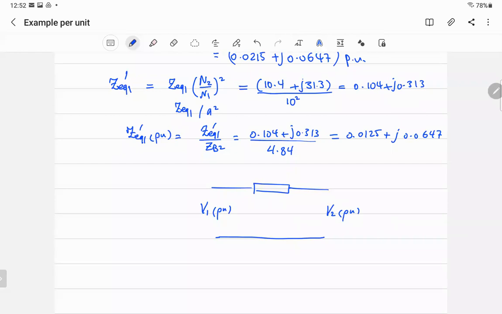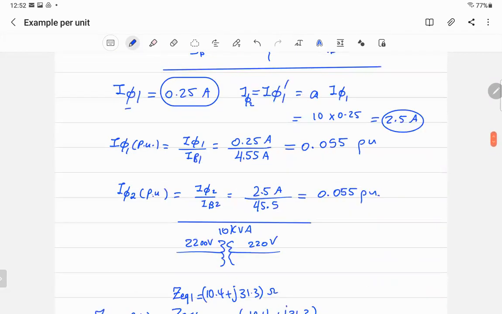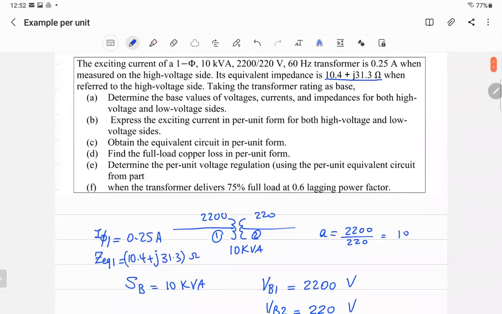If you want the secondary side, multiply by the base of the secondary. That's the beauty of per unit. The impedance is just one value, 0.0215 + j0.0647. So that's the equivalent circuit for the transformer.